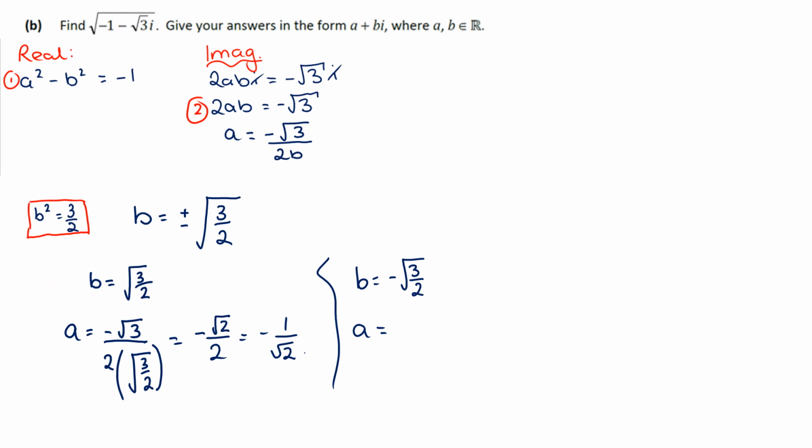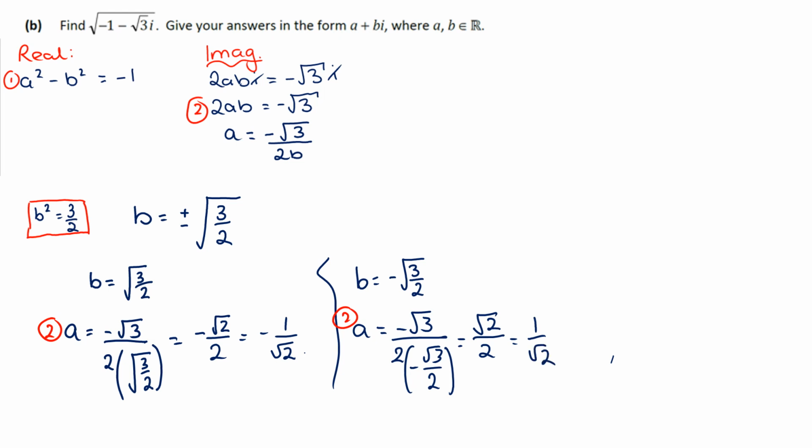Sorry, now I'll put my 2 in the right place. That's from equation 2 that I'm getting this. Minus root 3 all over 2 times minus root 3 over 2, so that's going to end up being positive. So again, you're going to end up with pretty much the same thing: root 2 over 2 if it's in your calculator, 1 over root 2 otherwise.